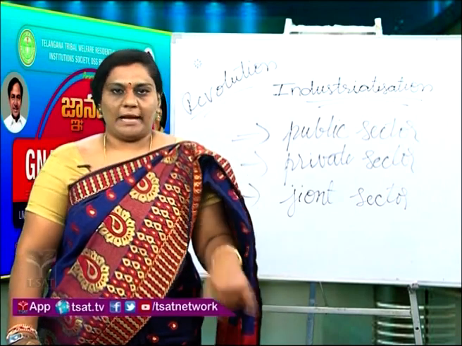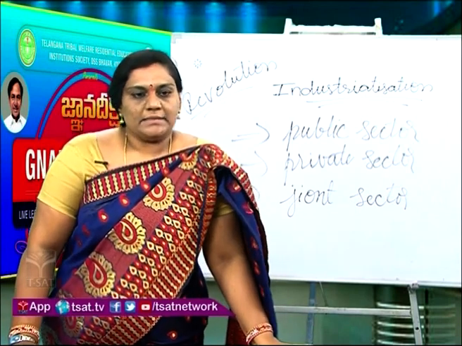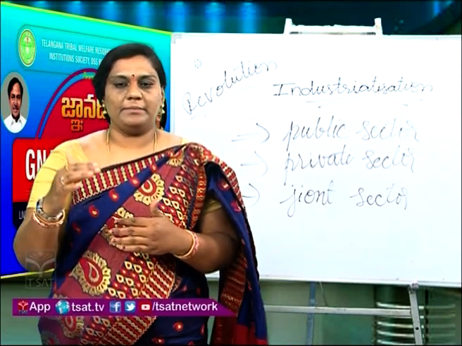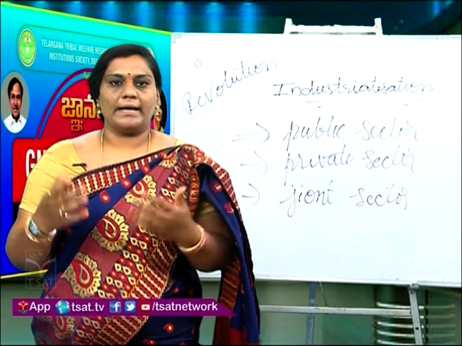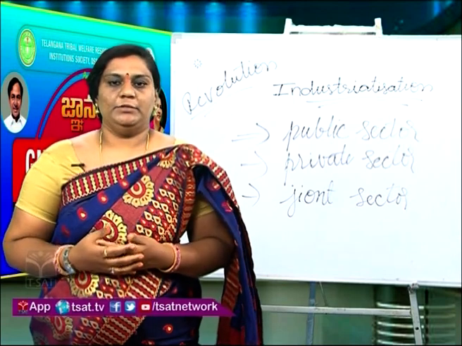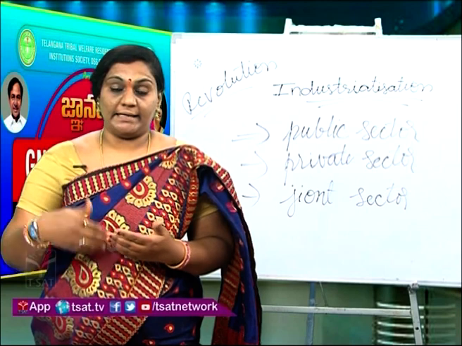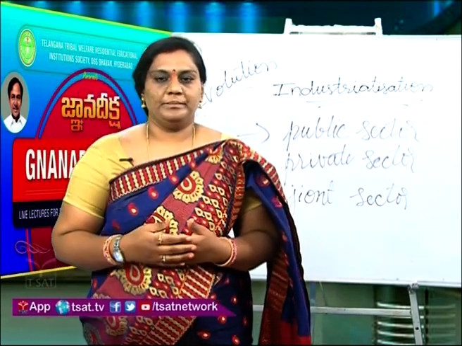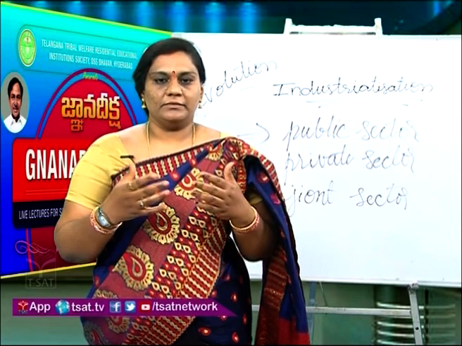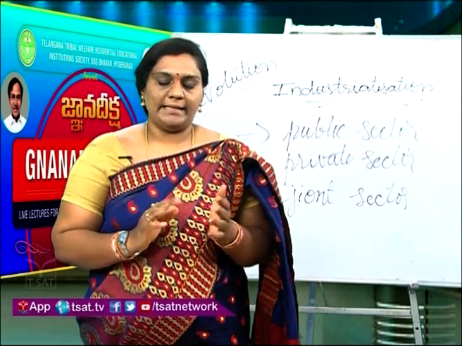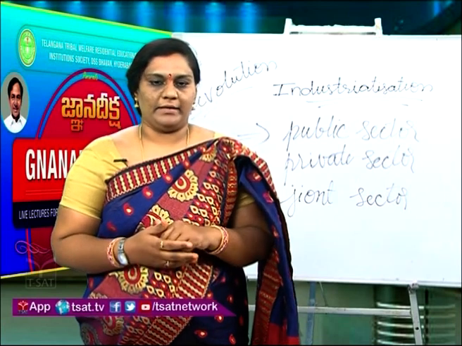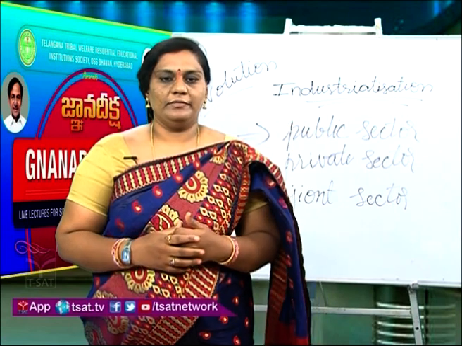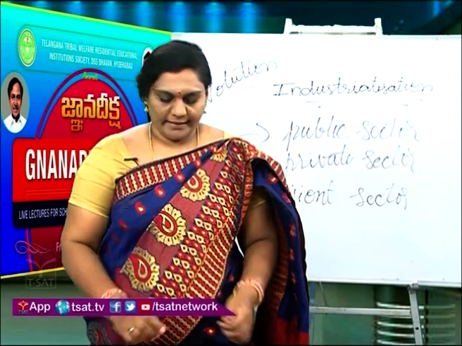And private sector industries are undertaken by private people, those who are having huge capital, they can invest on the production of the goods on a large scale. And few industries are in the hands of both government as well as private. Both are taking care of these kinds of industries, known as joint sector.